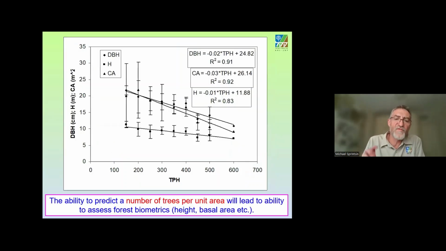Again, from the density, we were able to obtain other forest measures like diameter at breast height, canopy area, height. The relationships are quite linear, so the ability to predict a number of trees, as I write here, will lead to the ability to assess any other forest biometrics.